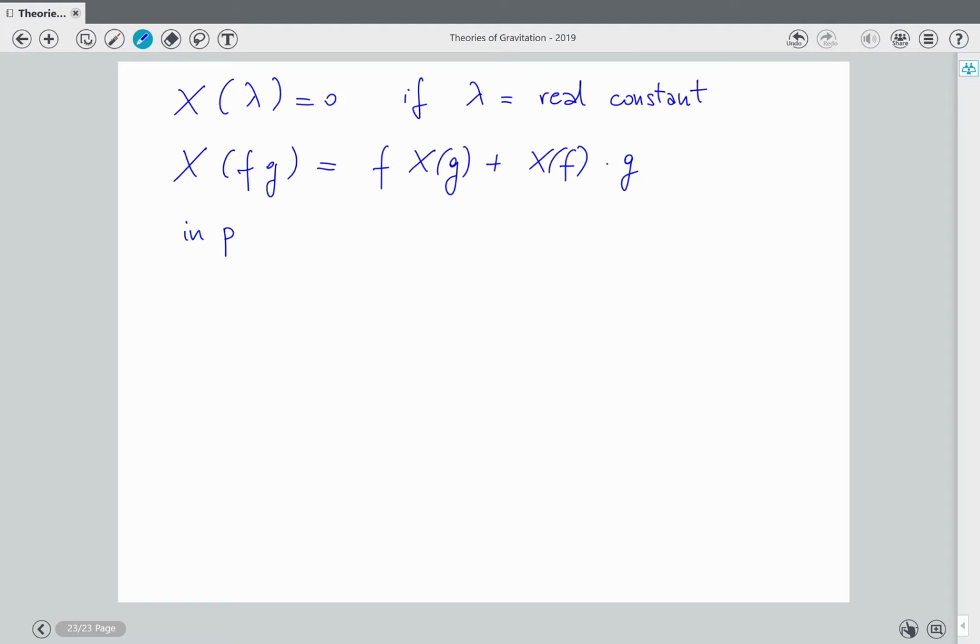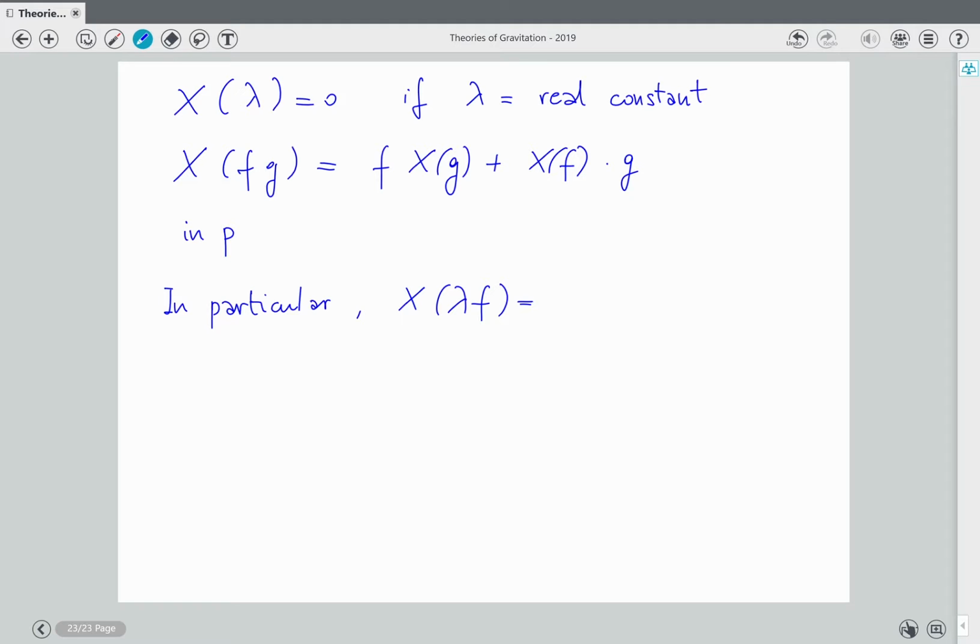In particular, these assumptions imply that X of lambda times a function f, we didn't add this as a separate assumption because it is a consequence of those.